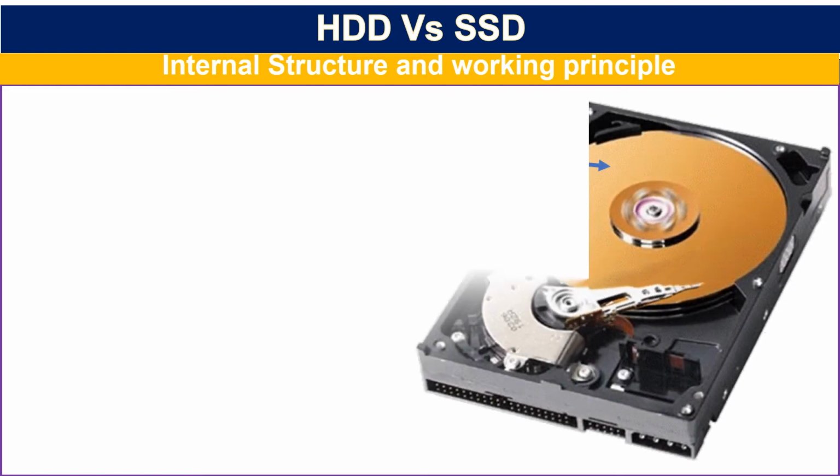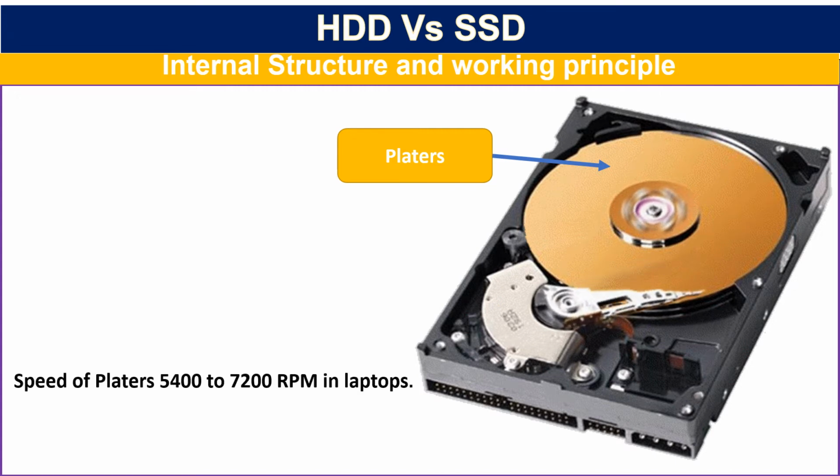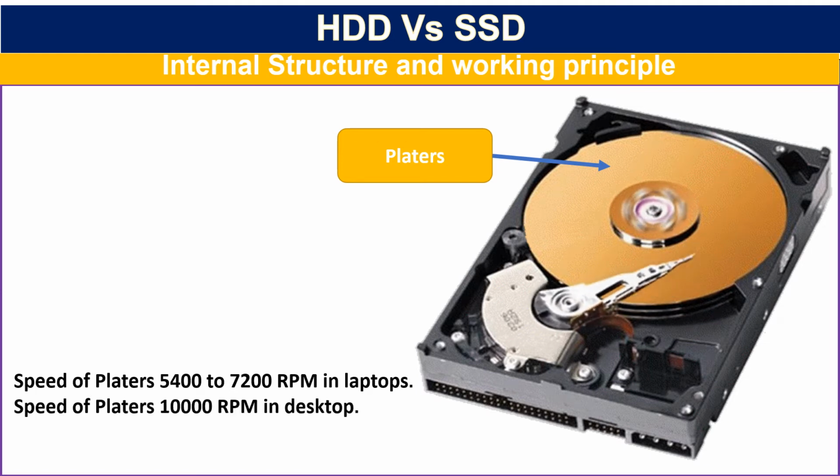If you see the internal structure of a hard disk drive, it consists of rotating disks which are known as platters. The rotating speed of these platters is 5400 to 7200 rpm in laptops and up to 10,000 rpm in desktops. The maximum speed can be up to 15,000 rpm in some enterprise versions of hard disks.